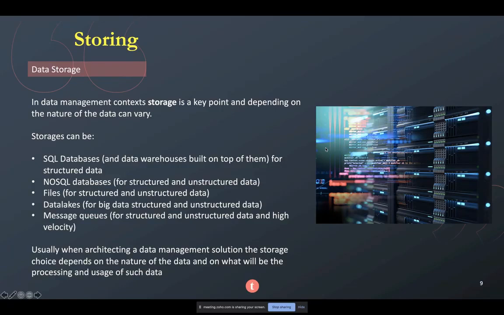And of course, when architecting a data management solution, the storage choice, or even choices, depend on the nature of the data, and also on what you want to do with this data once it's been stored. So what is the kind of processing that you want to apply to such data?